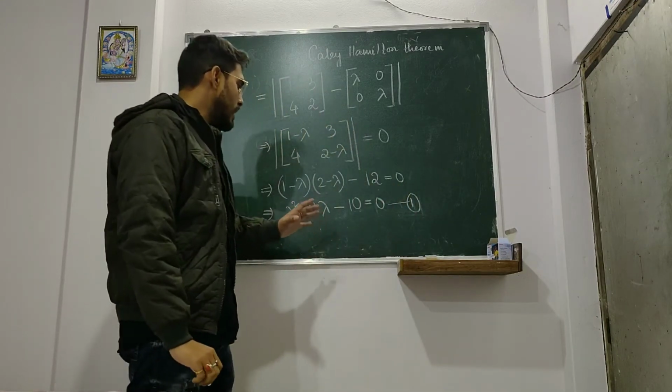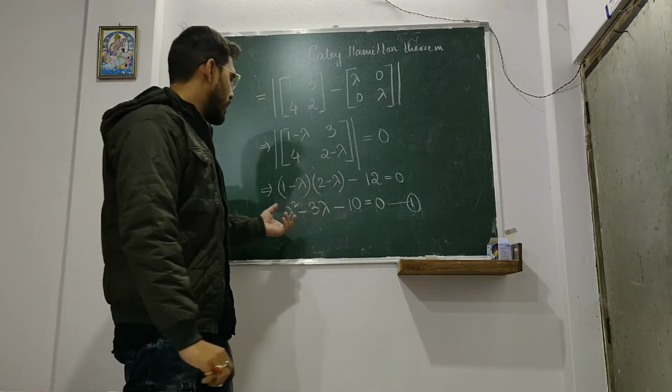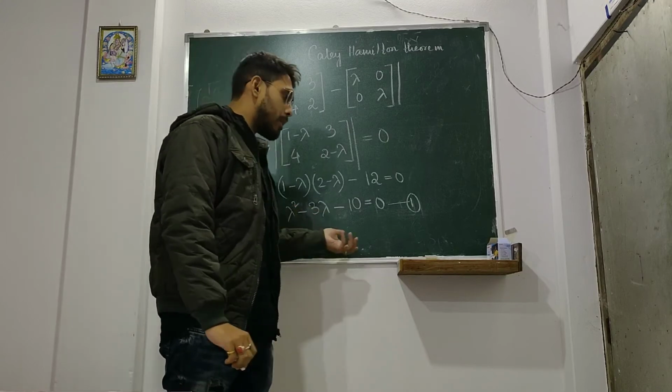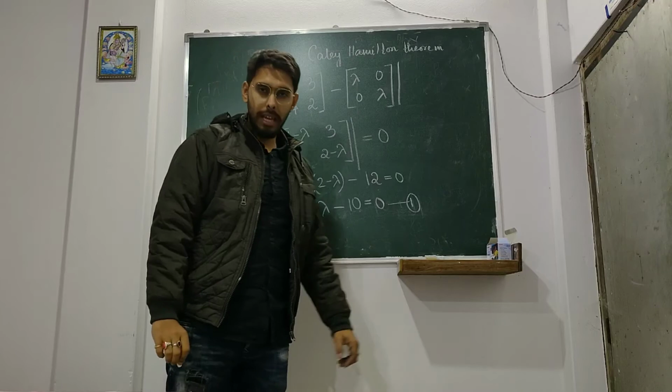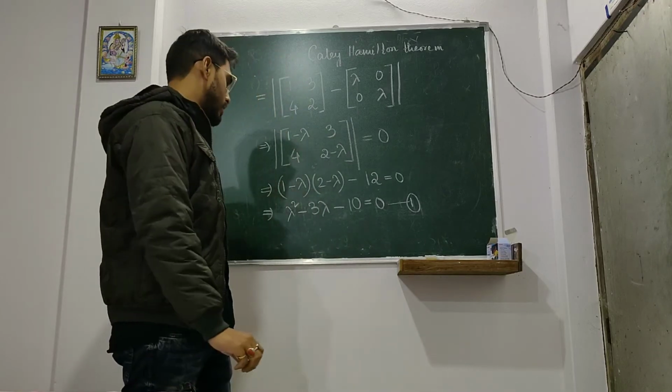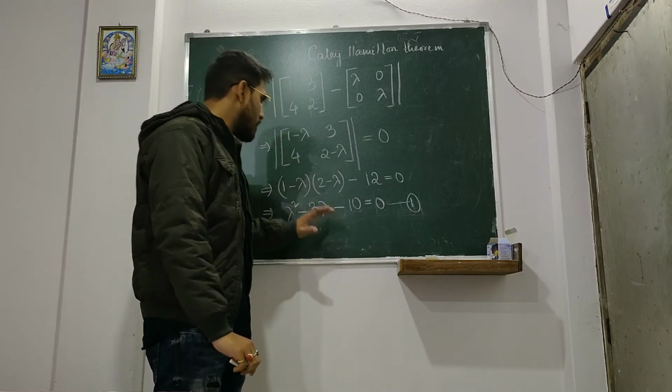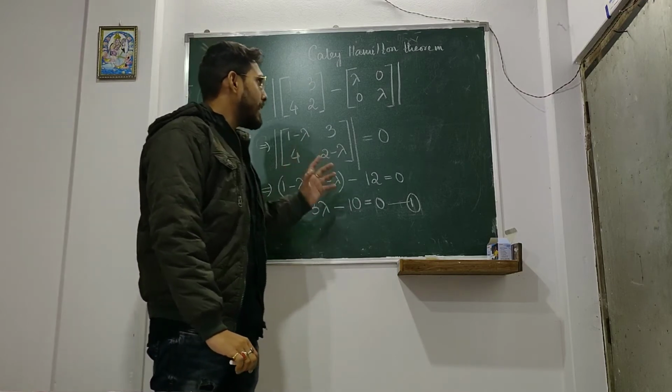After this equation, we found what the values of lambda are, and then we could find the eigenvalues, just as we did in the previous video. Now here we are going to apply the Cayley Hamilton theorem.